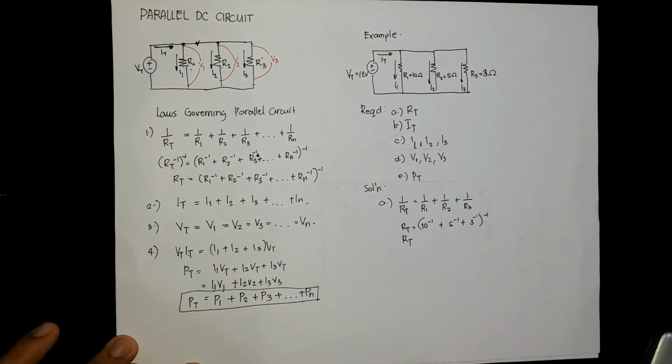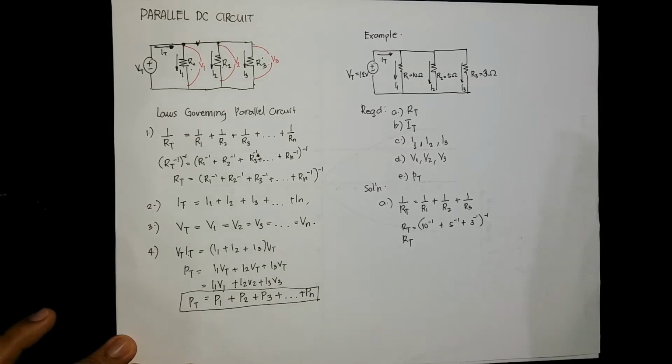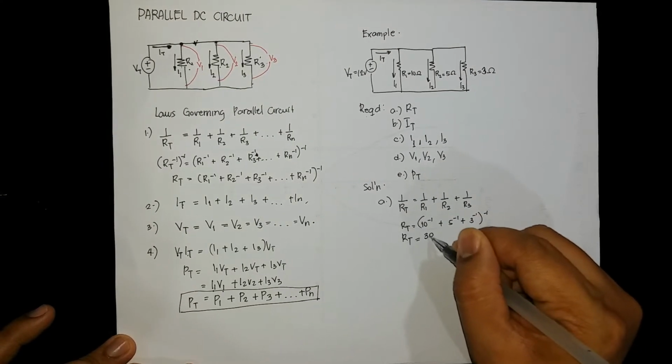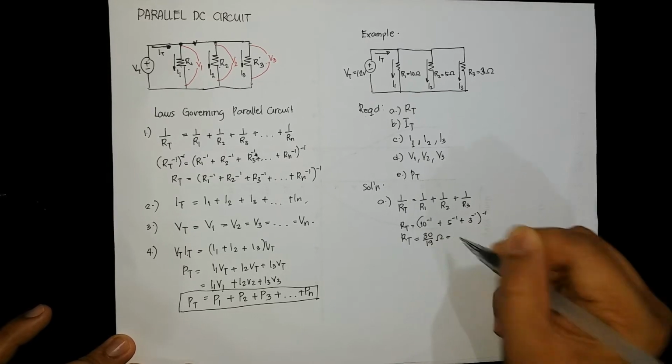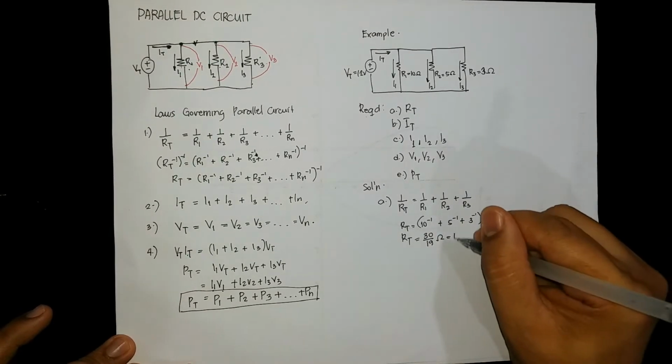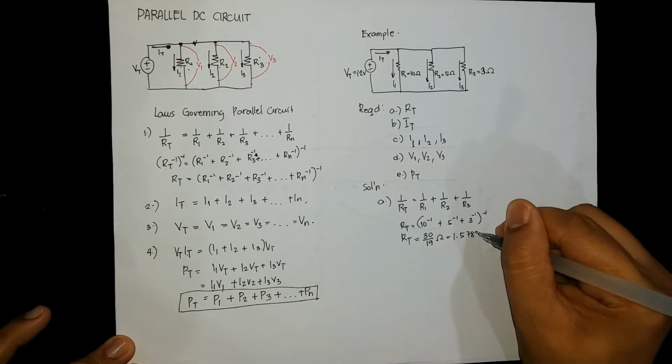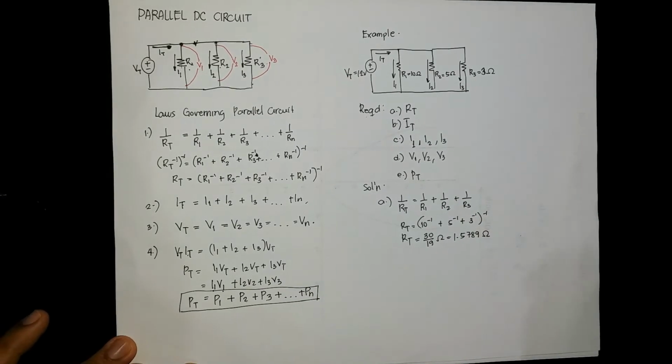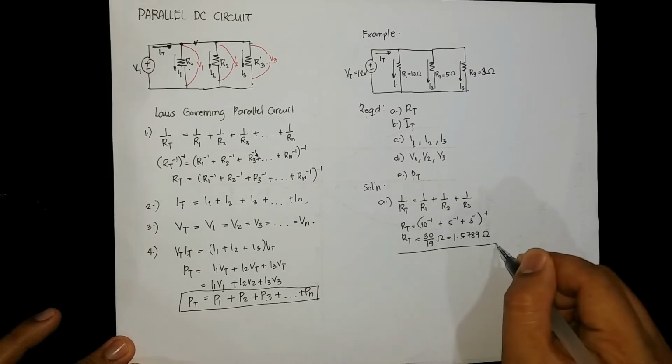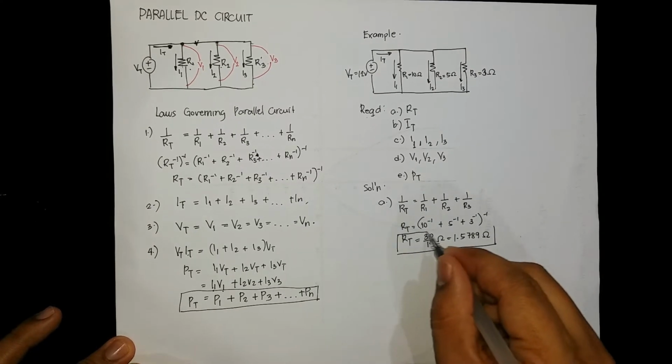So using your calculator, 10 inverse plus 5 inverse plus 3 inverse, that is 30 over 19 ohms, or equivalent to 1.5789 ohms. So if you cannot avoid using decimals, better to have it in 4 decimal places. Okay, so we have now our total resistance.